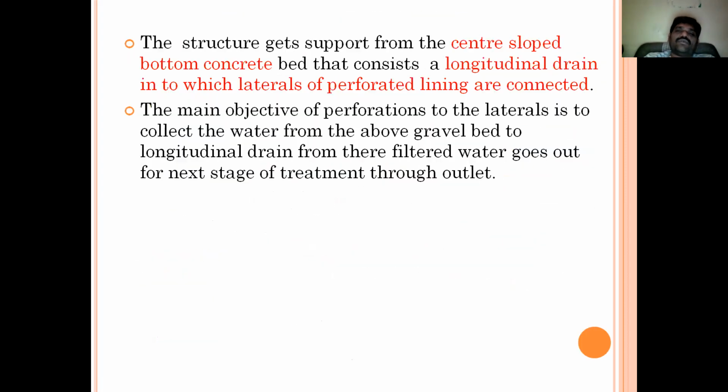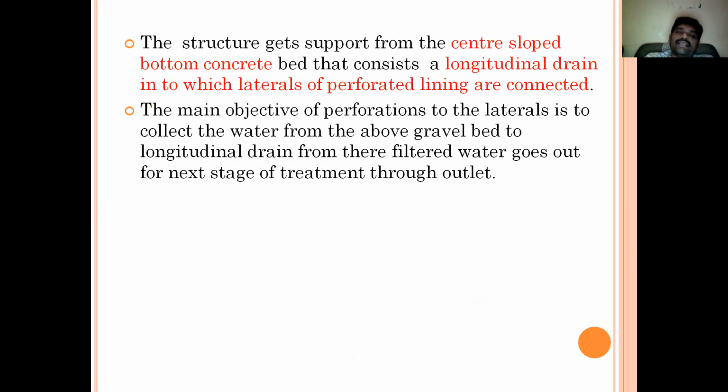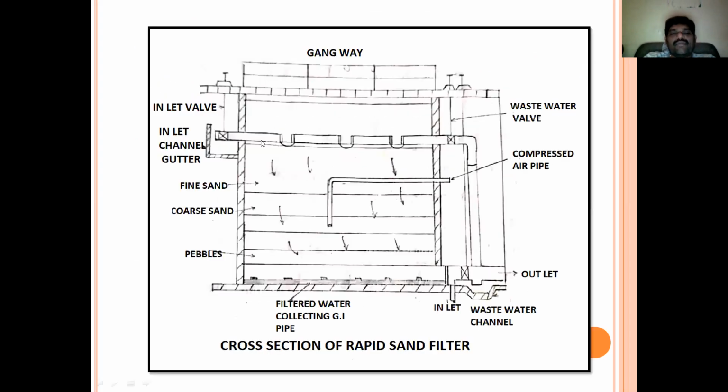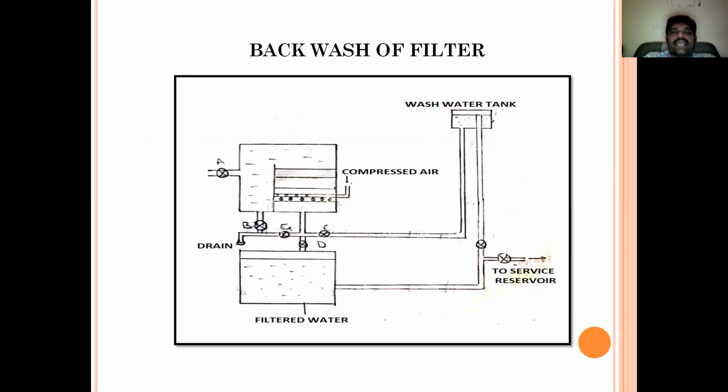Whereas here there is no such removal of sand, as the whole bed is made up of layers of fine sand, coarse sand, and pebbles. There is an arrangement to send compressed air, which is immersed in the layers of the bed. Simply, the compressed air will be blown out, keeping all the walls in a closed mode.